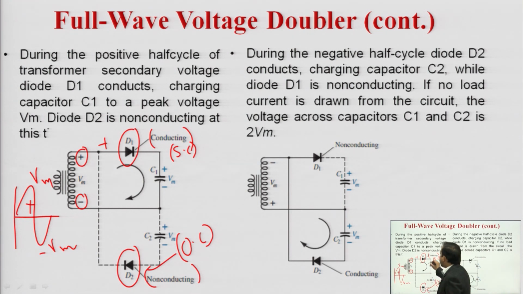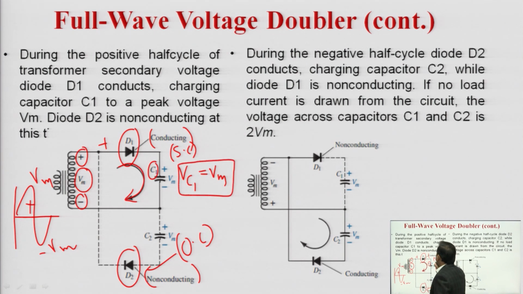So this capacitor C1 will be charged to the peak value of the input. Since this peak value was Vm, this Vc1 is equal to Vm. Now keep in mind that during the first positive half cycle, capacitor C2 will not charge. Capacitor C2 will be charged during the negative half cycle.